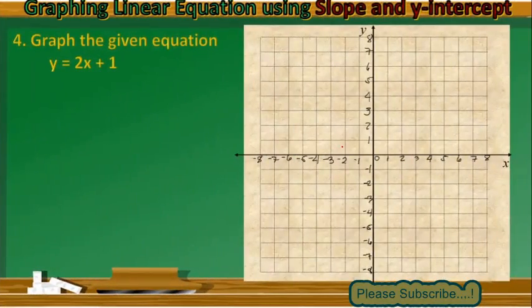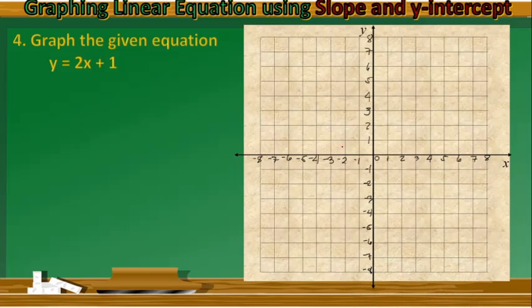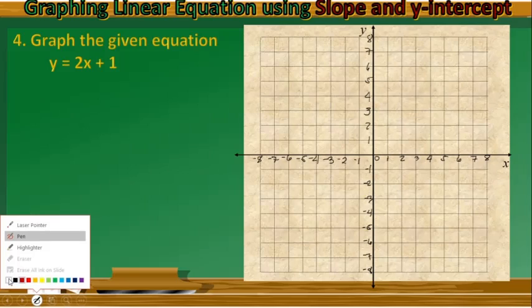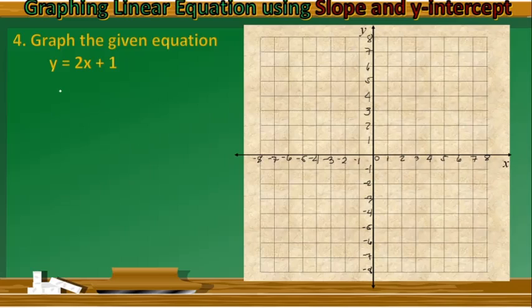The fourth one. Graph the given equation y equals 2x plus 1. As you can see, there is no given slope and y-intercept, but the given equation is written in slope-intercept form. So from that, we will extract our slope and our y-intercept. Our slope there is 2, or 2 over 1. Then our y-intercept is 1.